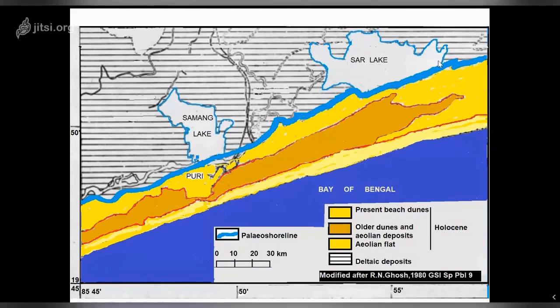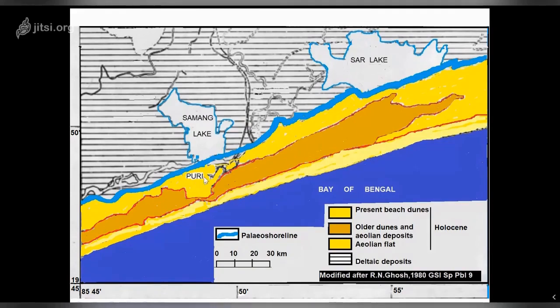It's no more a lake. I'm just using the word lake because it used to be there, and it was very much there in the old maps. But today you can see only swamp, and we can have the paleo shoreline shown here with a blue line.